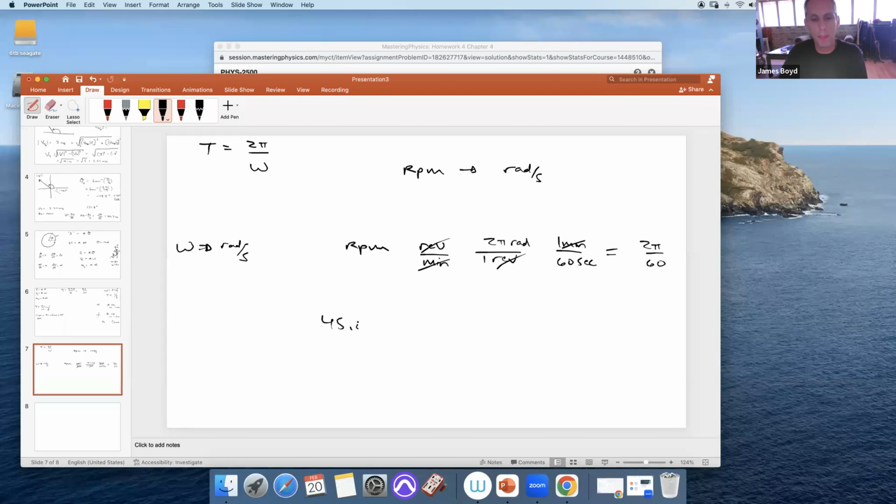We're told 45, so 45 RPM times 2 pi over 60. We get 45 times 2 times pi divided by 60, which is 4.71 rad per second, and that is our omega.